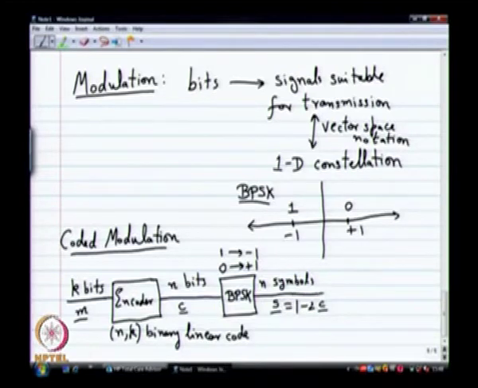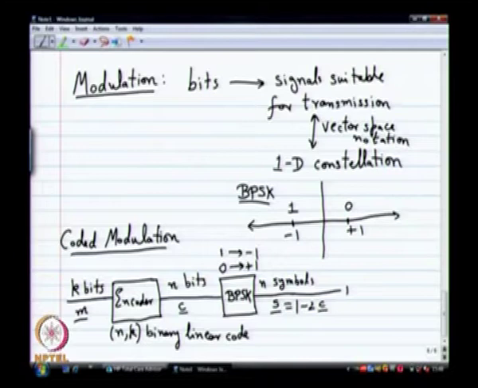Now I am going to rely on your knowledge of digital communication to say what will happen if the signal goes through an additive white Gaussian noise channel. There is a very common model called the AWGN model, under which, in the vector space notation, something very simple happens to the signal.